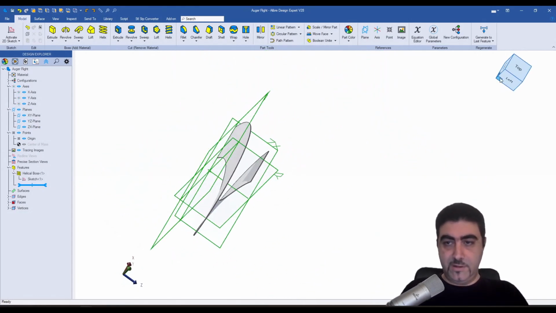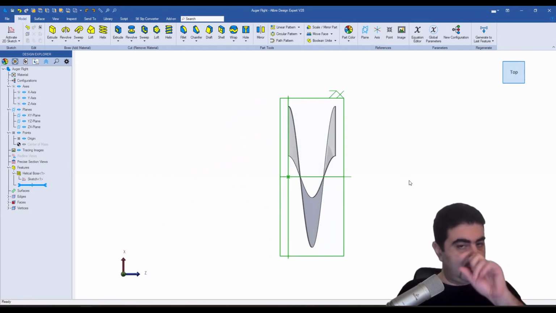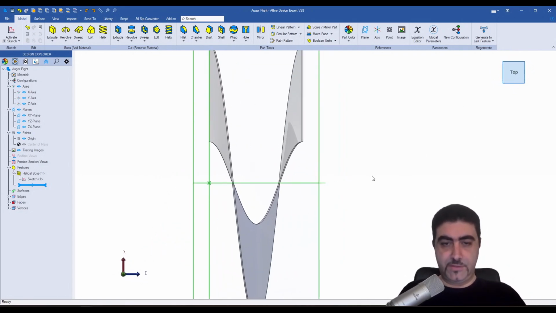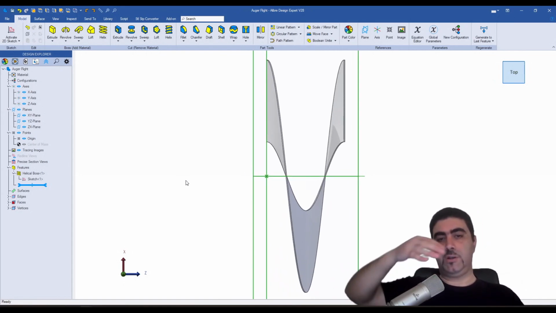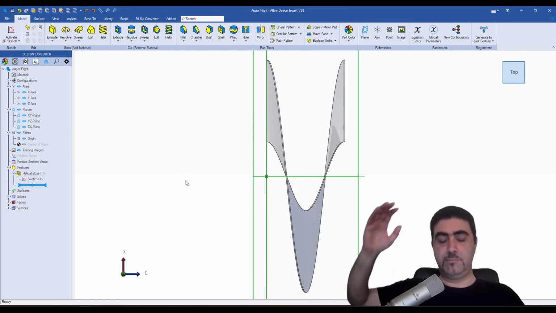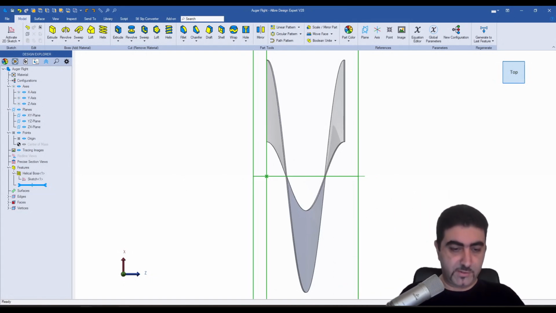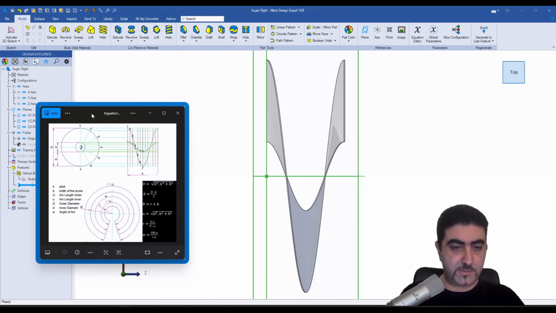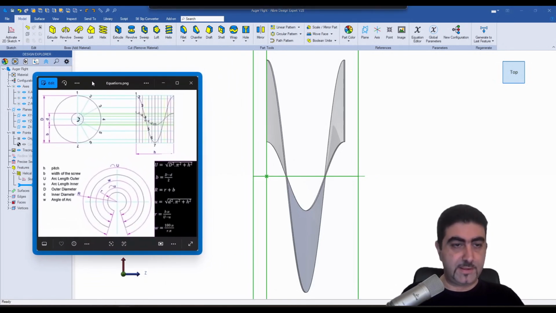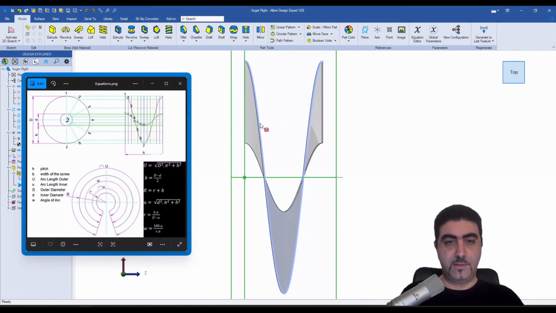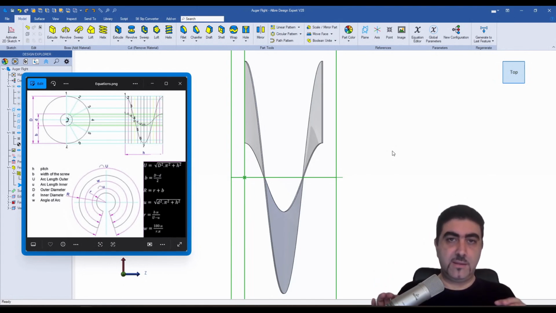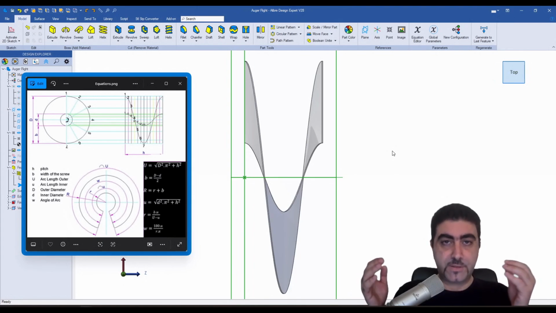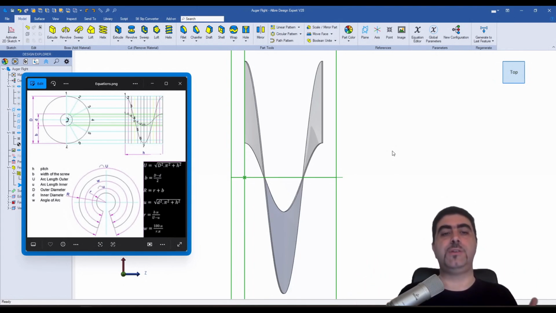Let me look at it from this angle. You see this shape? This is the projection of how the edges move along the pitch. Now let's look at this picture. What we have here is the equations on how to create an auger flat pattern geometrically, with equations.